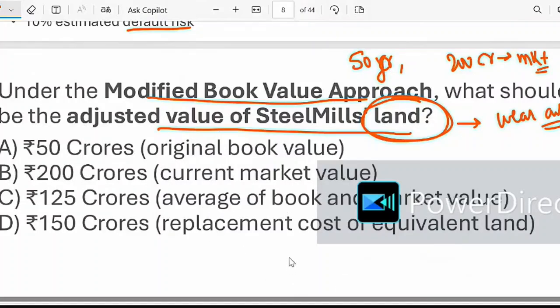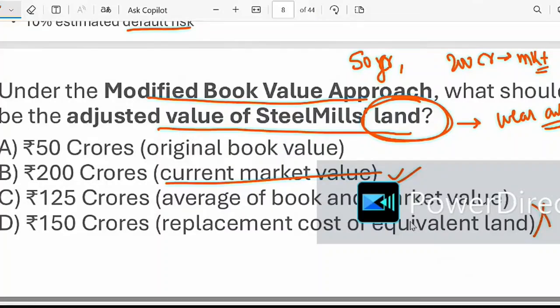One answer I am getting is 200 crore. Okay, very good. Replacement cost is meaningless for land. What matters is the current market price. So for land, we always look at the current market value, right?